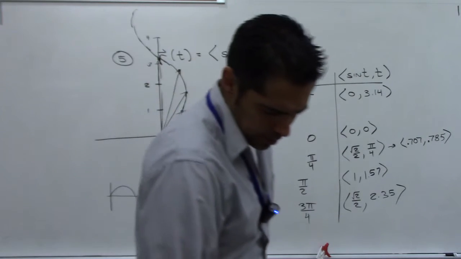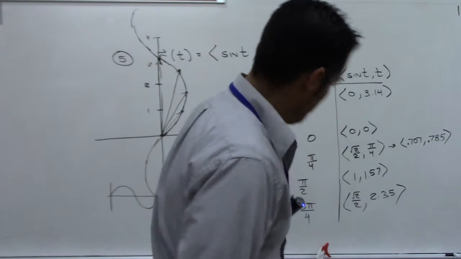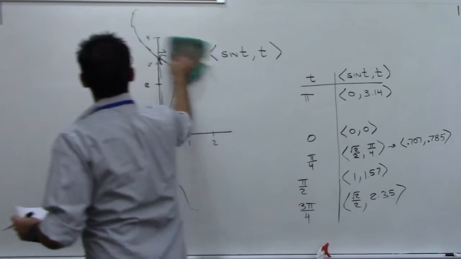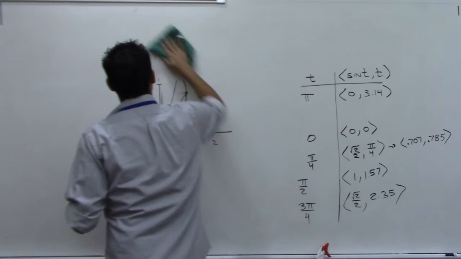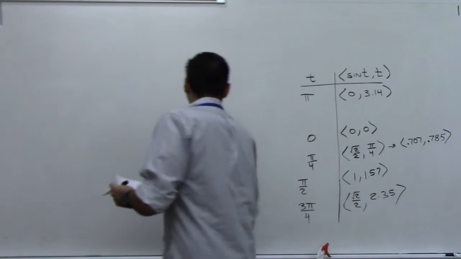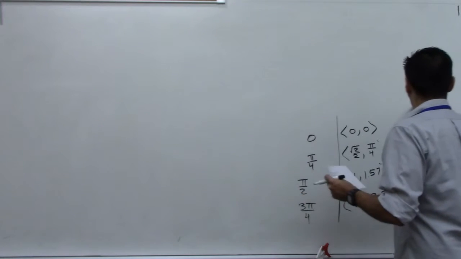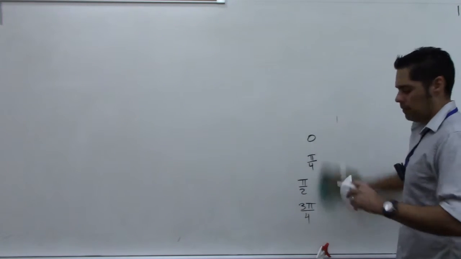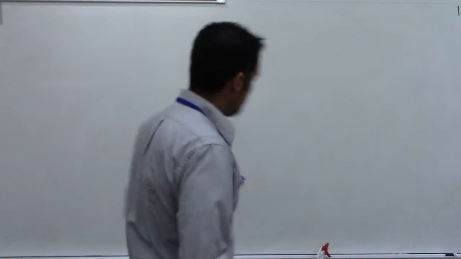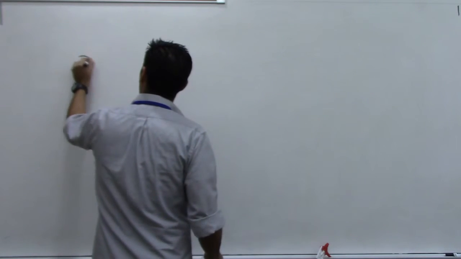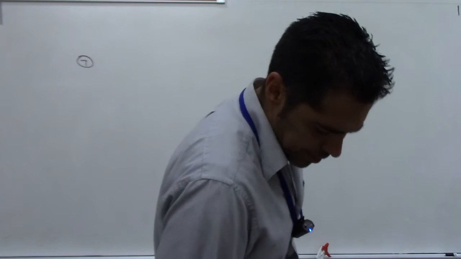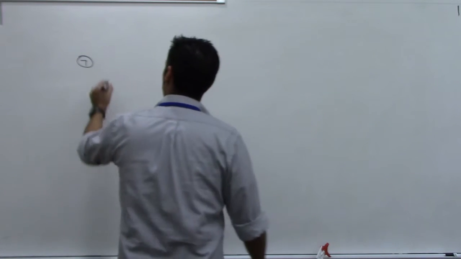All right, let's look at number 7, which looks like it's 3-dimensional. T2 minus T2T.